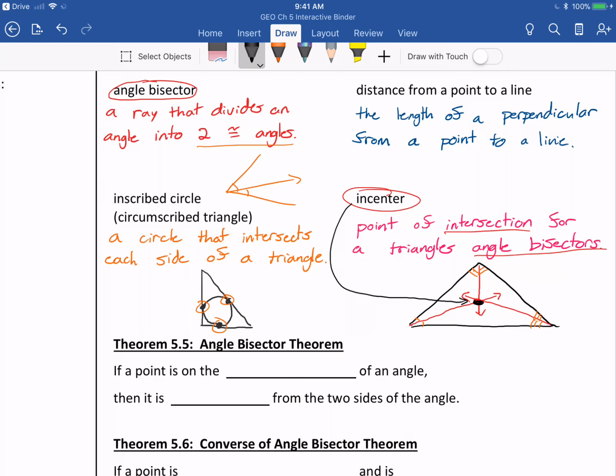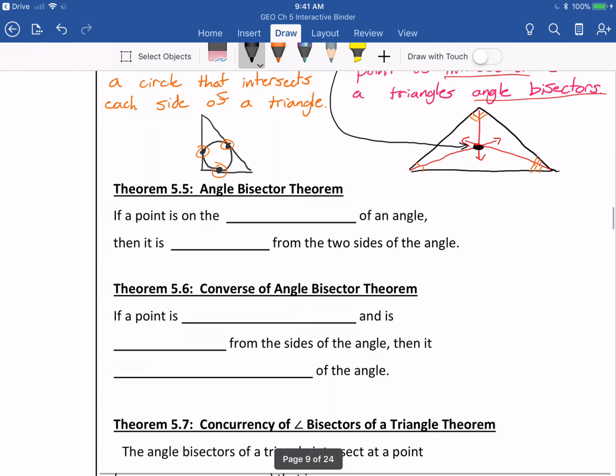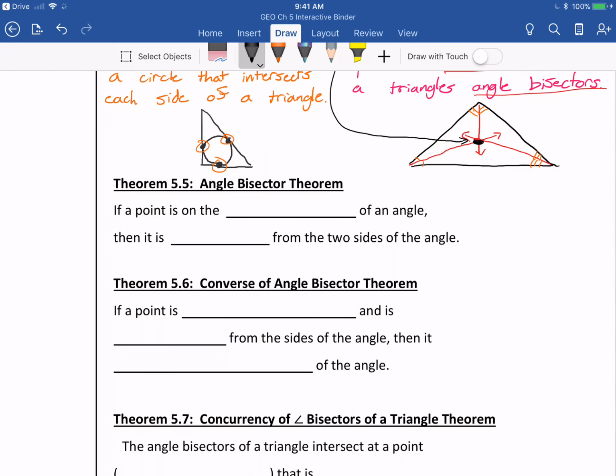All right, so a couple theorems here. Theorem 5.5 is the angle bisector theorem that says if a point is on an angle bisector of an angle, then it is equidistant from the two sides of that triangle.